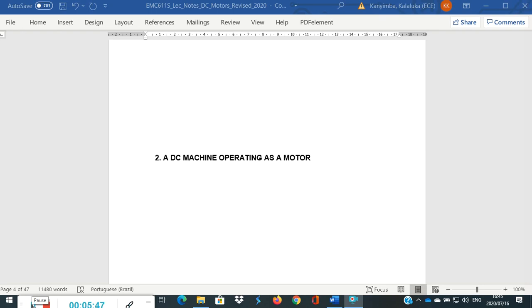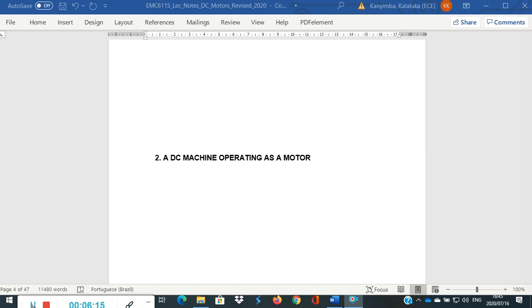Now, let's look at a DC machine operating as a motor. Since we have already covered DC generators, I'll keep on referring to what you know, the DC generator. There's no difference of construction between a DC motor and a DC generator.